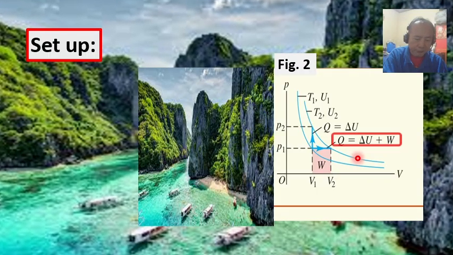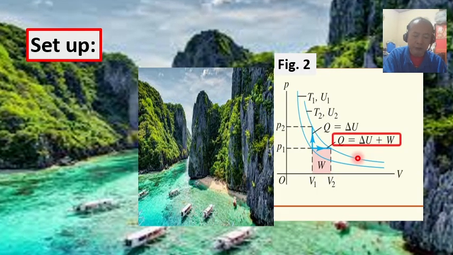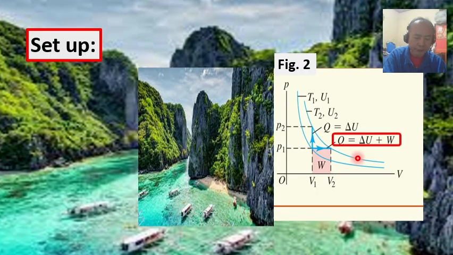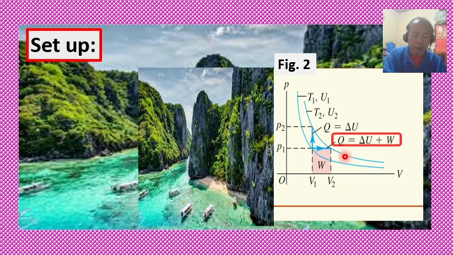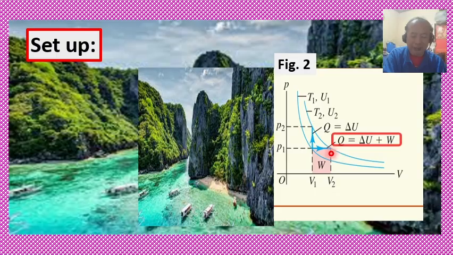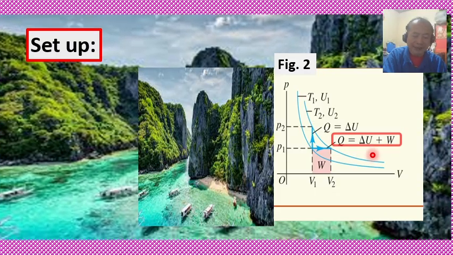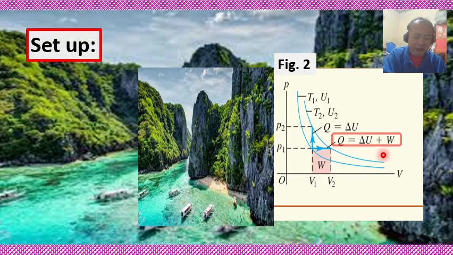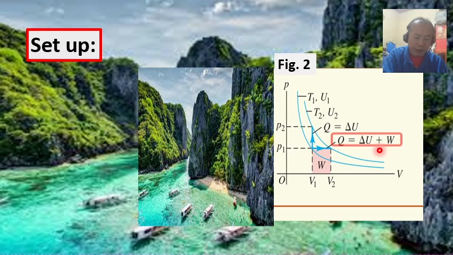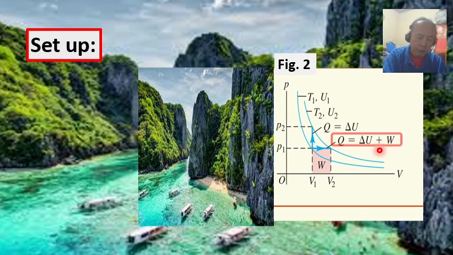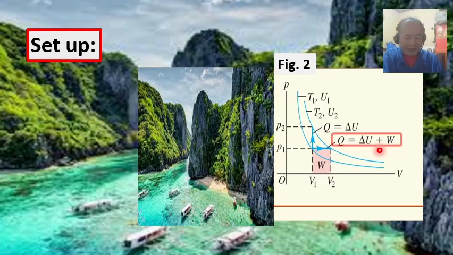So, following the first law of thermodynamics, the amount of heat Q added to the system is equal to the internal energy change delta U plus the work done W, work done by the system.